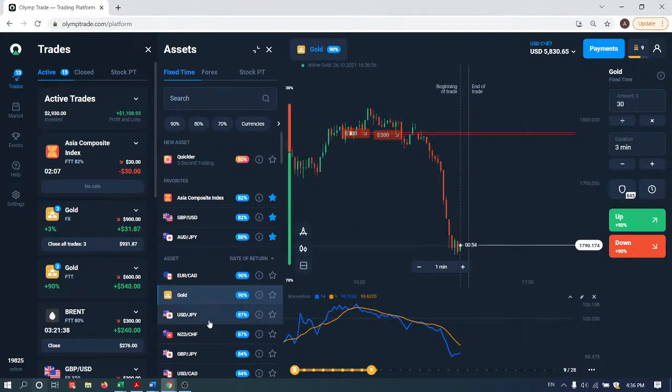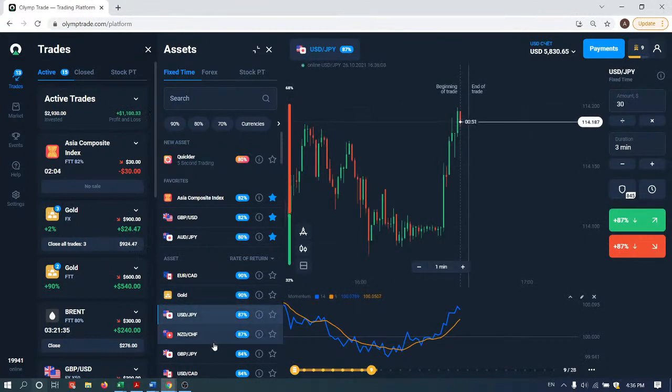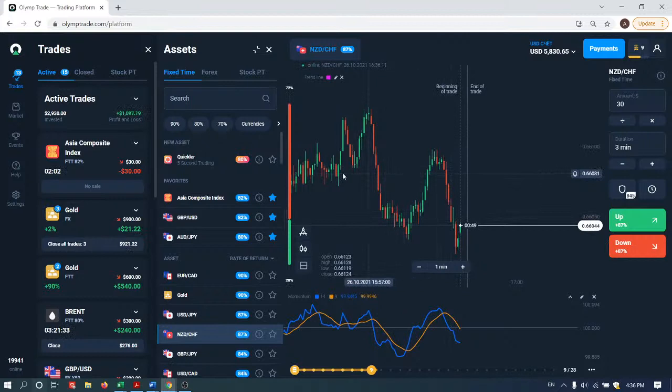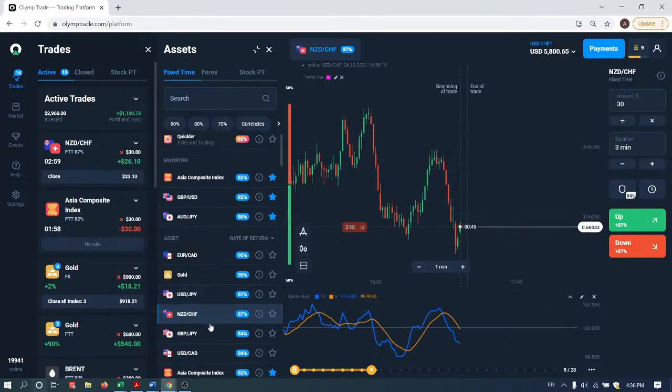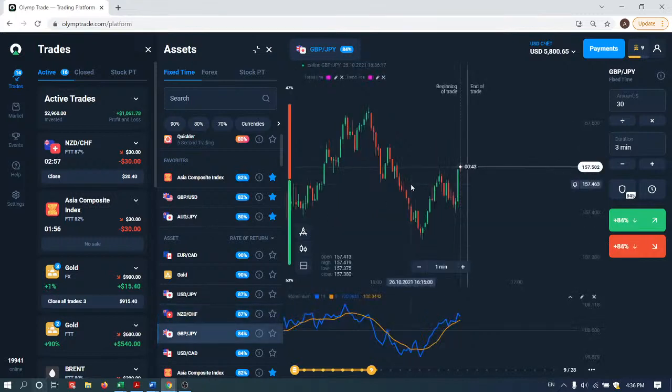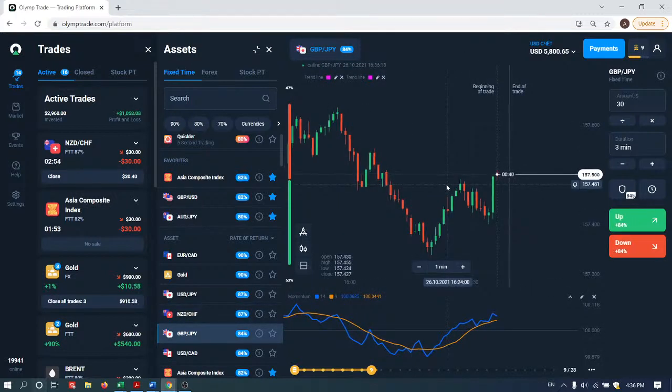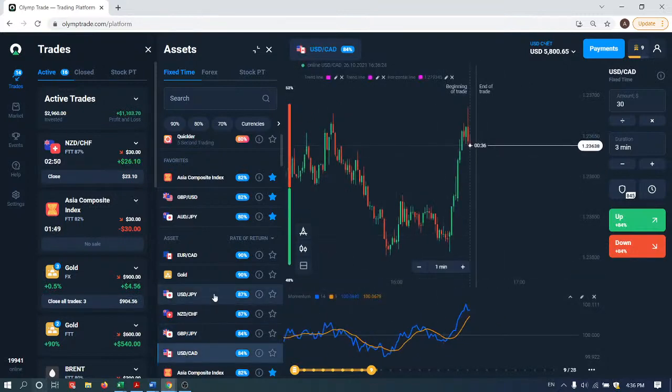If it is multiple accounts, then you need to block all your duplicate accounts, and then you can resume trading. So just block the duplicates, or just keep one account.